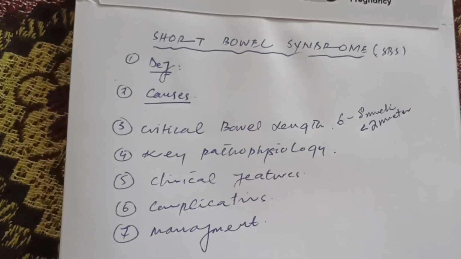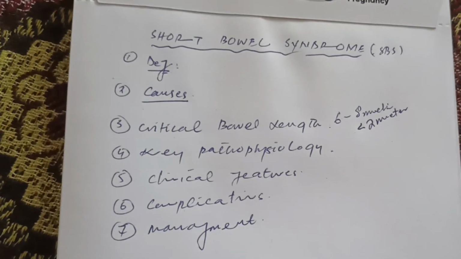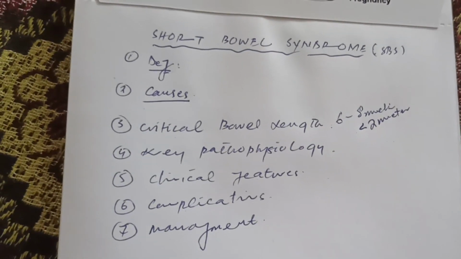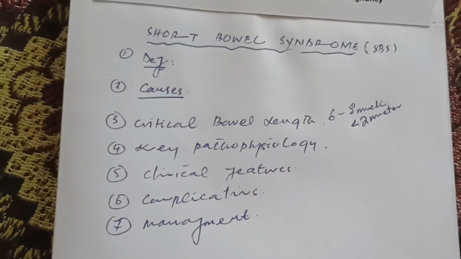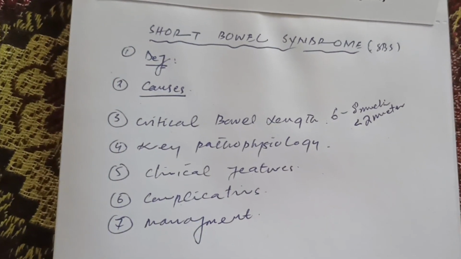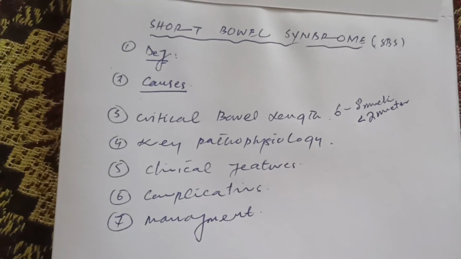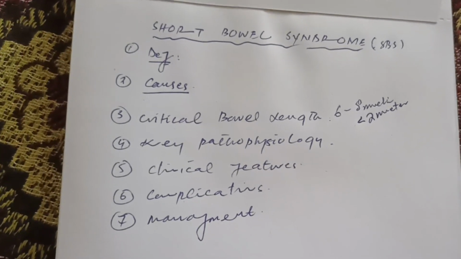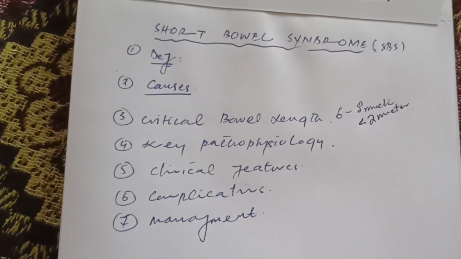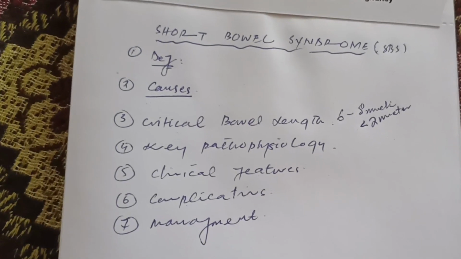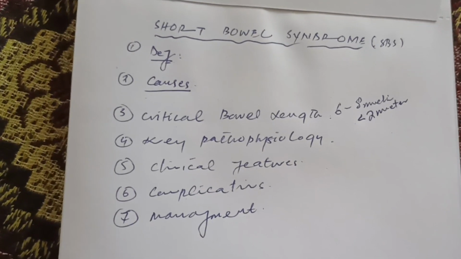Mineral losses like vitamin B12 and the other electrolytes should be replaced, and antidiarrheal drugs like loperamide and codeine should be given to increase the transit time and allow efficient absorption from the bowel. A bile acid binder should be given, and a GLP-2 analog should be given, so that the bowel mucosa undergoes regrowth.